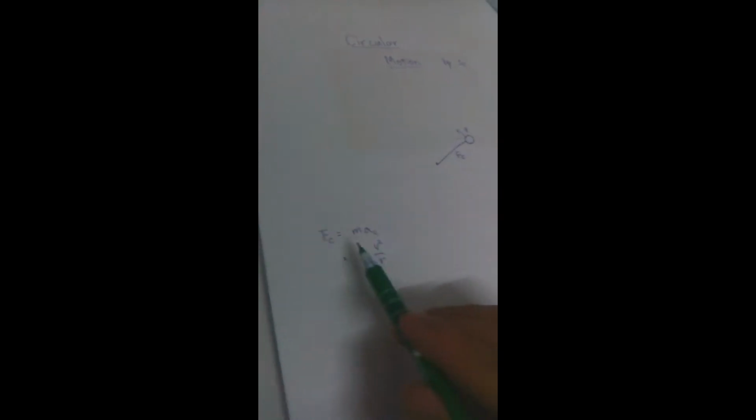This is to find centripetal force from mass and acceleration. In circular motion, we have tangential and angular symbols, and they are closely related because they can be found using some patterns.